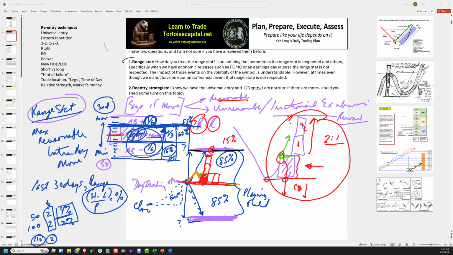Now, since the range stat is updated every day, the size of this move, or the size of this yardstick, of this ruler, of this measuring device, is adaptive. As you drop off a day and add a new day and recalculate, that number can vary a little bit. Not a lot, usually, but just a little bit. So all I'm using that for is trying to say, this is rational exuberance.